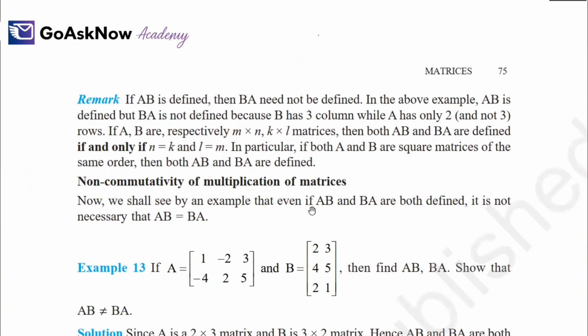Here is a remark that if AB is defined, then BA need not be defined. If the matrix is not a square matrix, then it is obvious that if AB is defined, BA is not defined. Why?